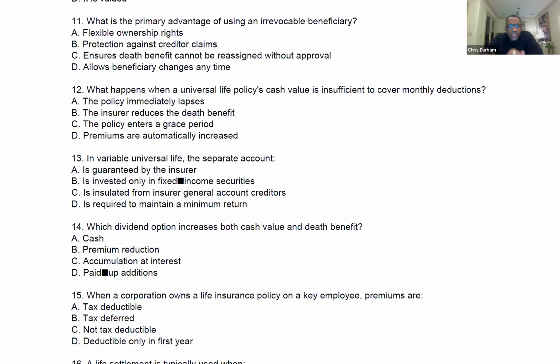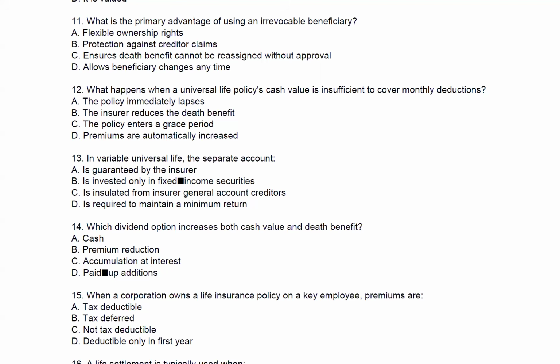All right, next. What happens when a universal life policy cash value is insufficient to cover monthly deductions? A, the policy immediately lapses. B, the insurer reduces the death benefit.